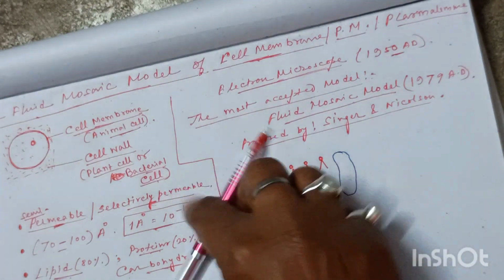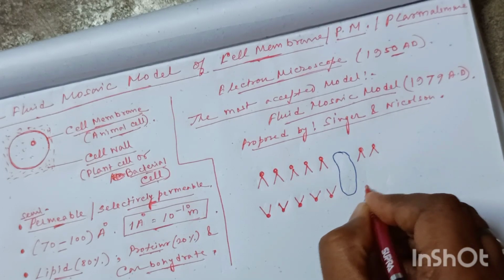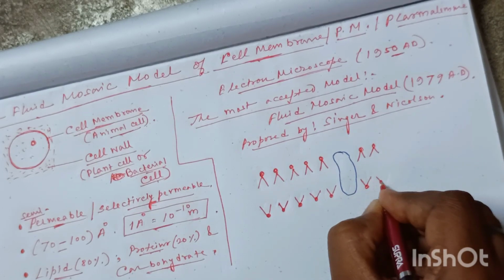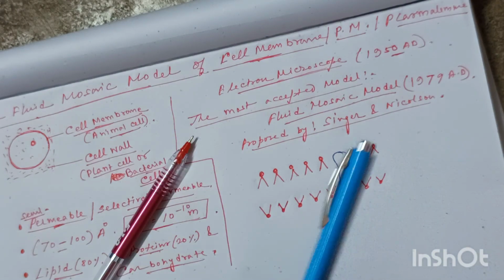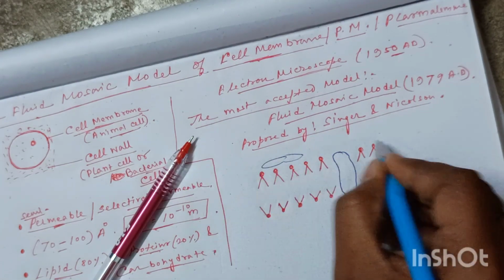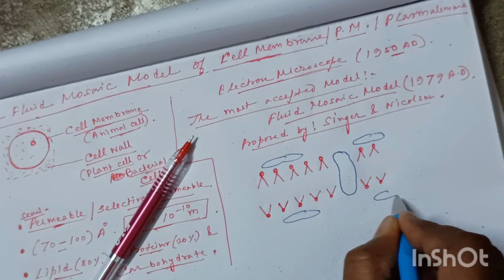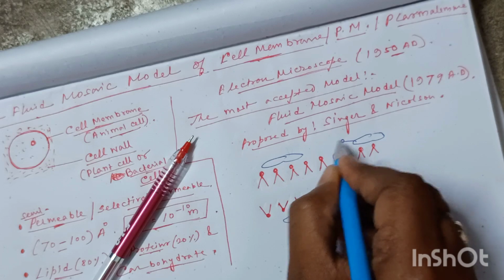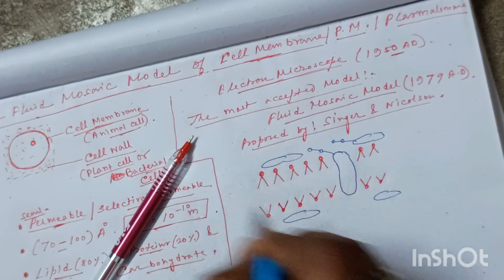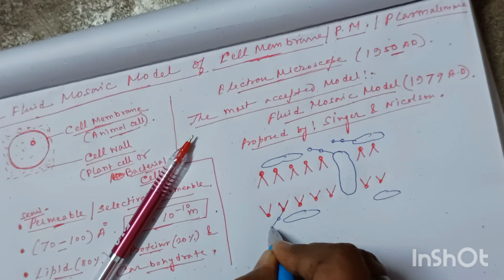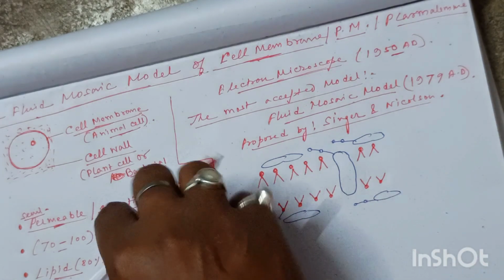This is the integral or intrinsic protein. This is also polar head and non-polar tail of a lipid molecule. Now, this is some part of an extrinsic protein. Here is the extrinsic protein, and these are glucose molecules.